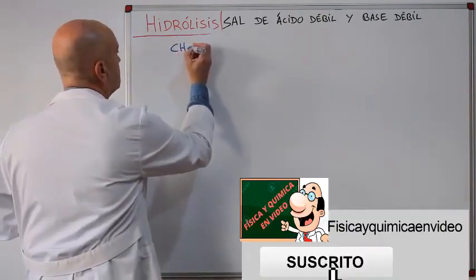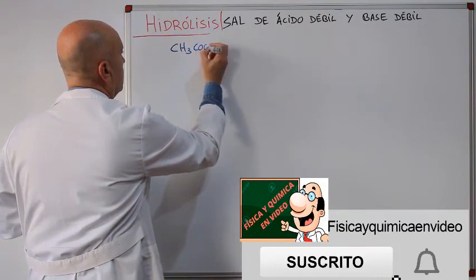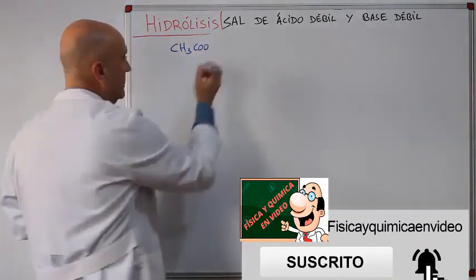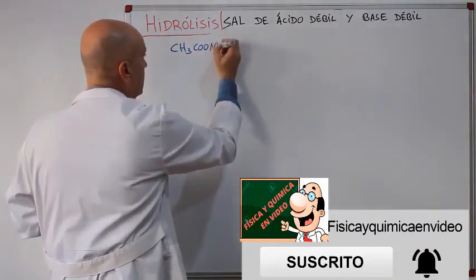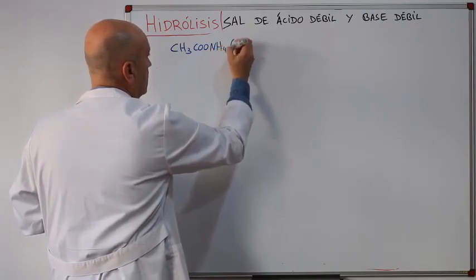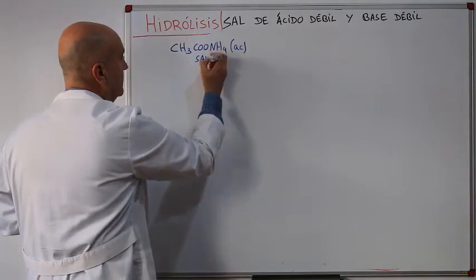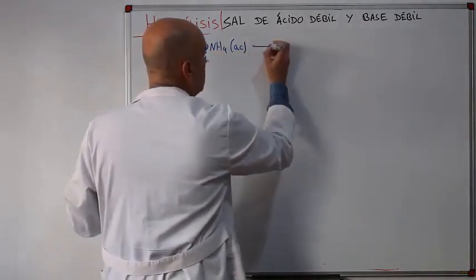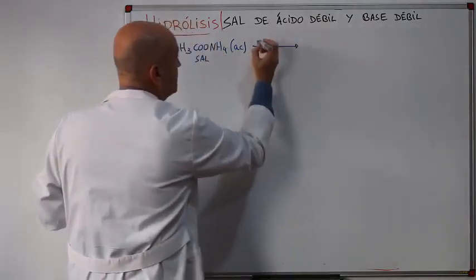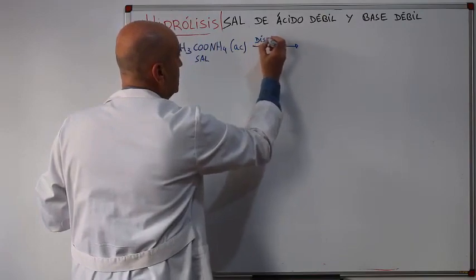CH3COO, which would be the base, the anion, and now the ammonium NH4. We'll put it in aqueous solution. This is the salt. And therefore, by putting it in aqueous solution, will this salt be completely dissociated?